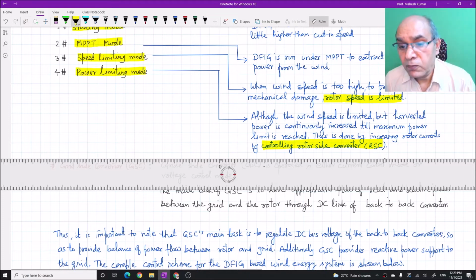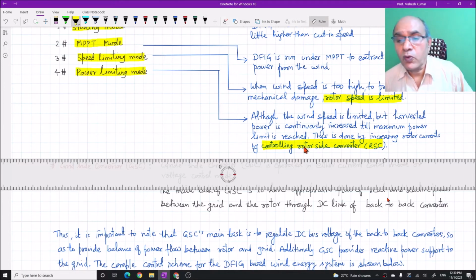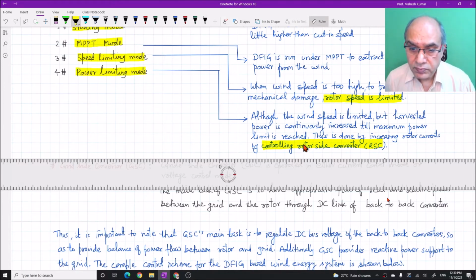This is done with the help of rotor side converter control. So by manipulating the rotor parameters, by changing the voltage and currents on the rotor side, we can still make power increase even though speed is constant. So these are four important modes for the DFIG.